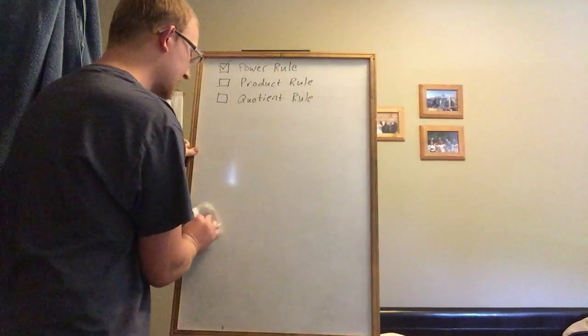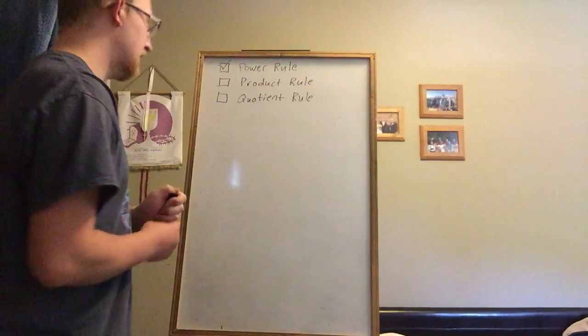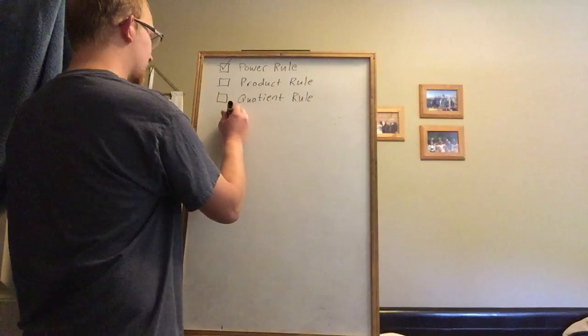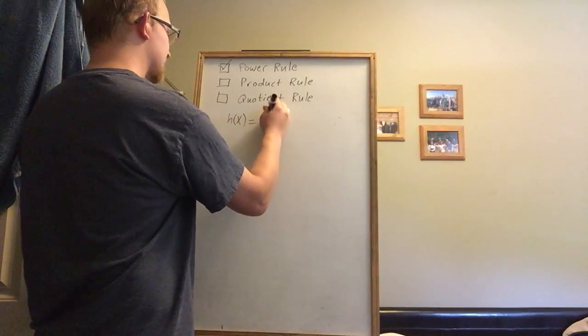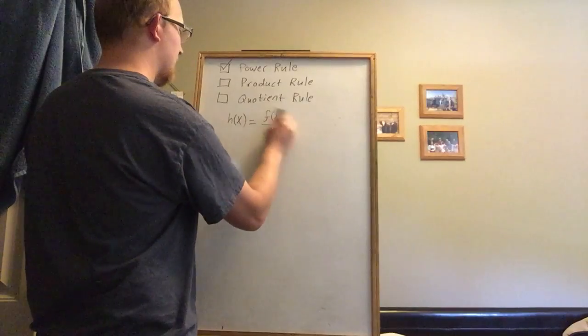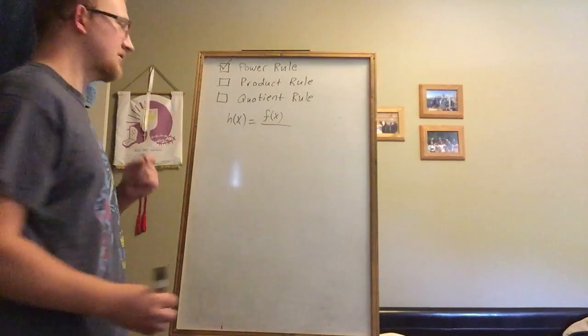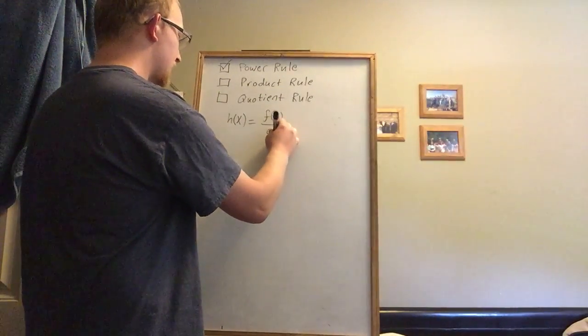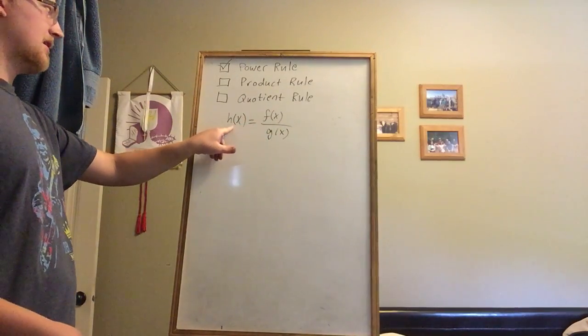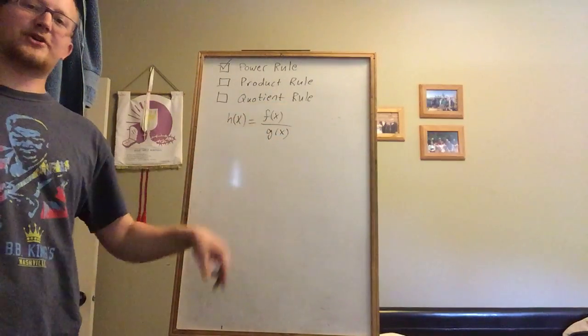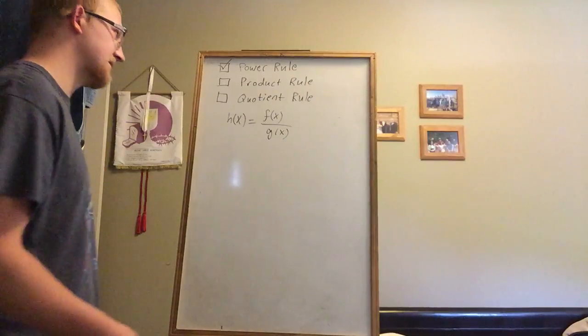So I showed you an example on how to solve the product rule. The quotient rule is very similar to the product rule. If you have some function h of x, which is made up of a divisor, g of x, that's dividing out of the function f of x. So in other words, h of x is equal to a fraction of f of x over g of x.